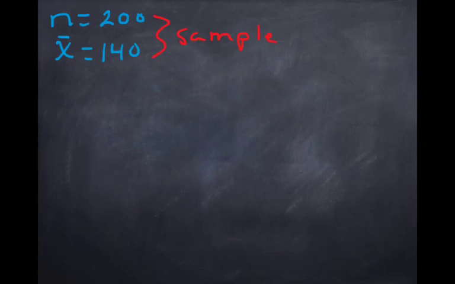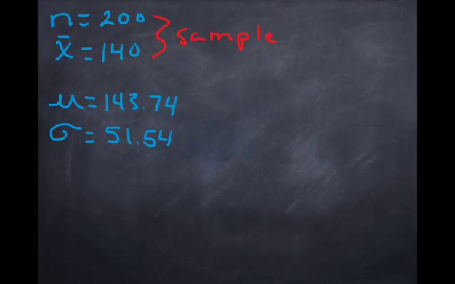Now let's talk about the population. For the population, it said that the mean weight for all college women was 143.74 and a standard deviation of 51.54. And so there's our population right here.